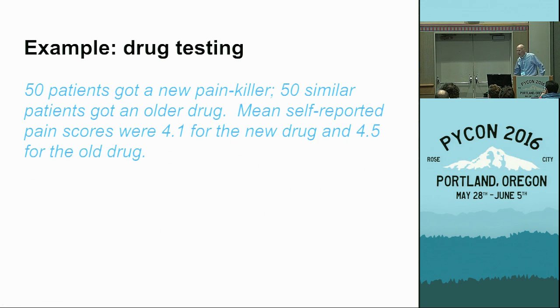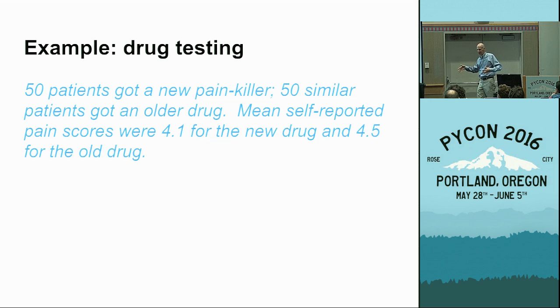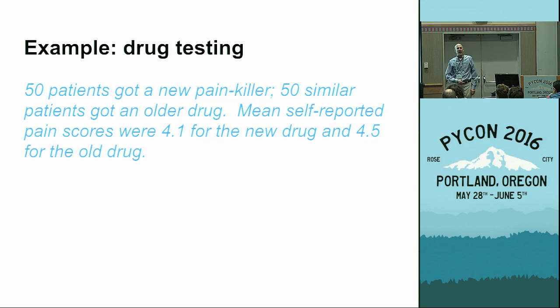But this is the idea. You want to say something about a population, but you can't measure the entire population. You only have a sample. And so the inference part, the reason it's called statistical inference, is that you are inferring something about the population from something that you measured in a sample. Classic examples of this are things like drug tests and election polling, where you ask people who they're going to vote for, or you run a test between two drugs and you randomly assign patients to take one drug or the other, and then you get results like this.